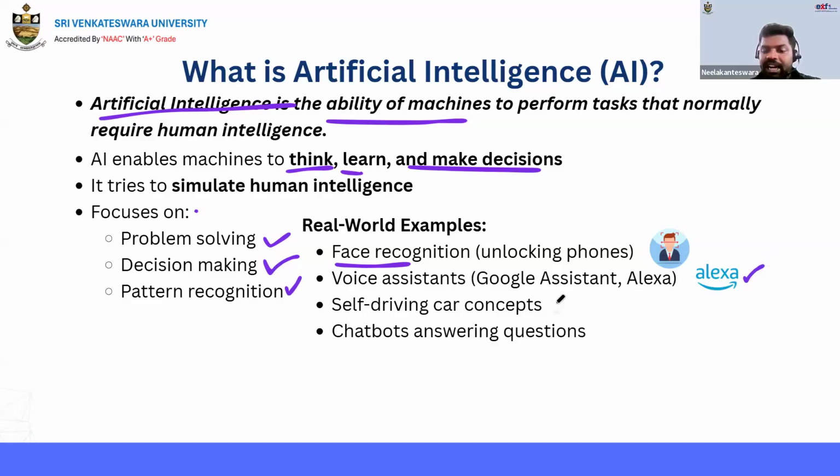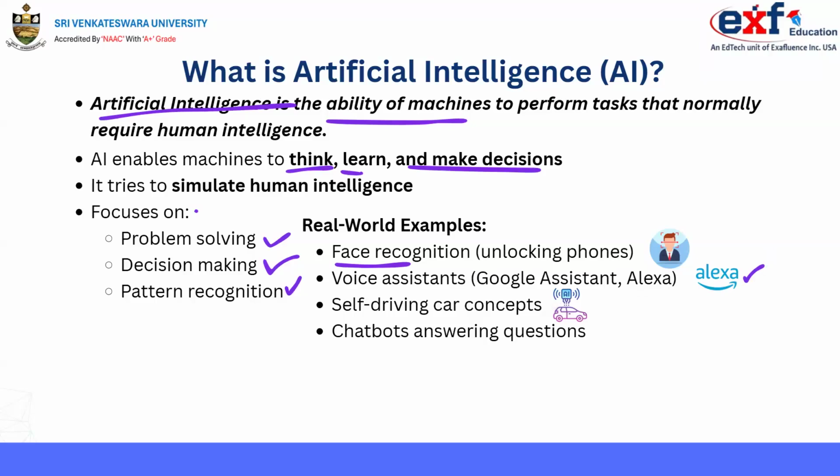And self-driving car concepts. Self-driving car means the car itself can drive. How can it do that? It can observe the environment and the surroundings, and based on them it is going to take an action.